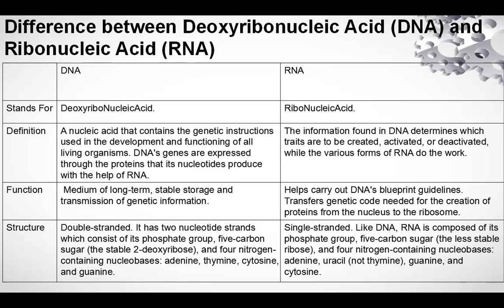While in terms of RNA, the structure, we said, is single-stranded, composed of the phosphate group, the 5-carbon sugar, but the less stable ribose, and 4 nitrogen-containing nucleobases that are adenine, uracil, not like thymine in the DNA, and the guanine and the cytosine.